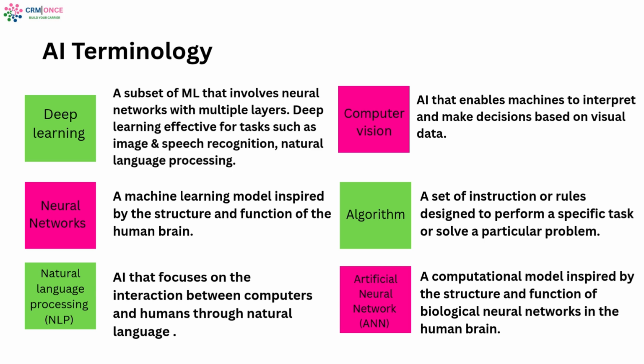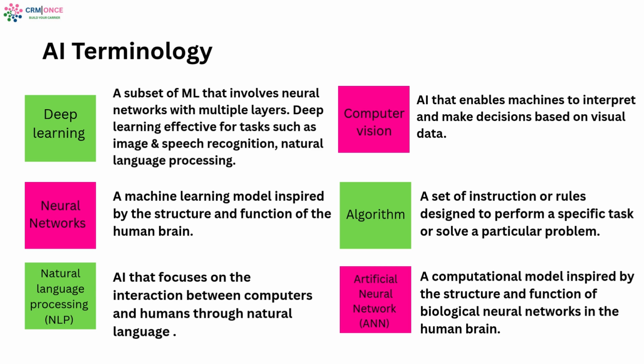Used in chatbots, translation tools, and voice assistants. Computer vision enables machines to interpret visual input, images, and videos. Use cases: facial recognition, object detection, autonomous driving. Algorithm: a set of instructions or rules designed to solve a problem or perform a specific task.